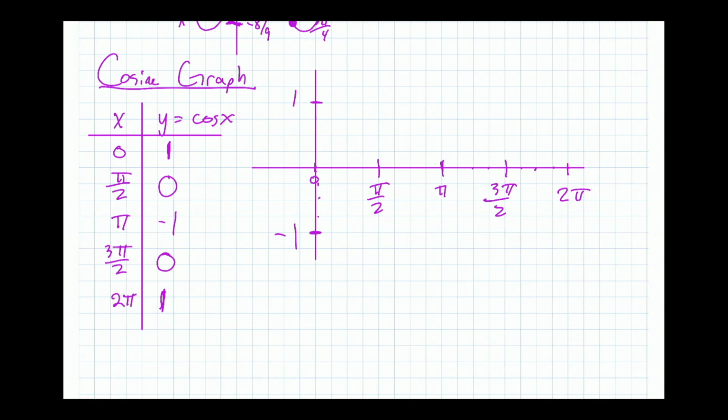All right. Now let's graph this. So this is going to be a graph of the cosine function. We've got 0, 1 for our first point, so that is up here. That's not what the sine function did. It's a different shape. Well, same shape, but starts in a different place. So we got 0, 1. Then you've got pi over 2 comma 0. Then you've got pi, negative 1.